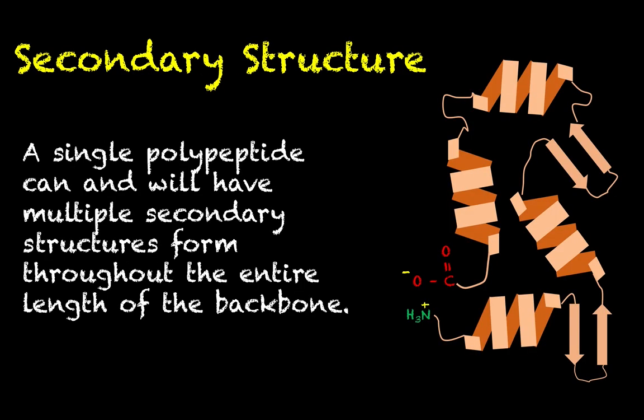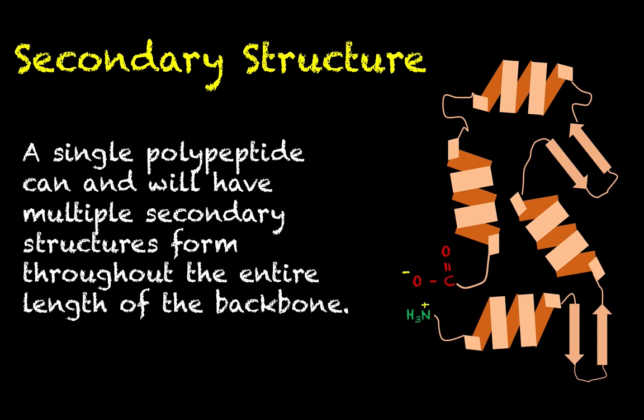Now, as far as secondary structures go, because these are localized structures, you are typically going to find several examples of each within the fully folded structure of any given protein. So there's no rule that says that you can only find alpha helices or only find beta sheets or even one of each in a fully folded polypeptide.